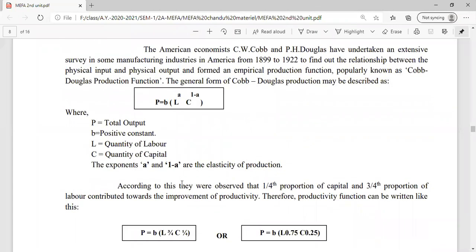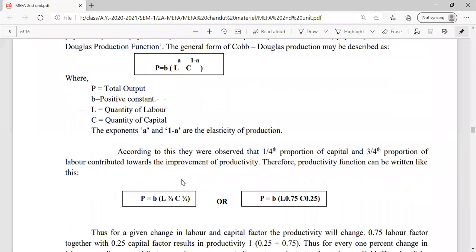First we see the relationship, what it is. P is equal to B into L to the power of A, C to the power of 1 minus A. What is this P? P is the total output.